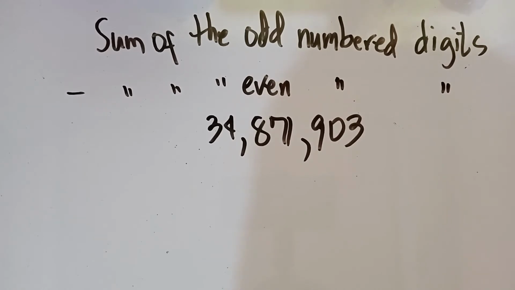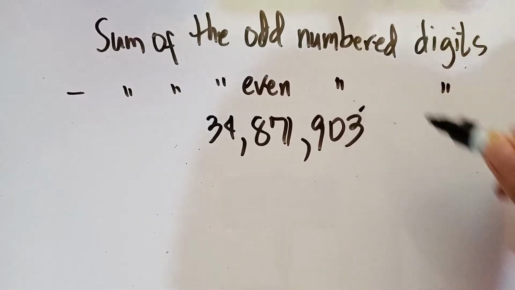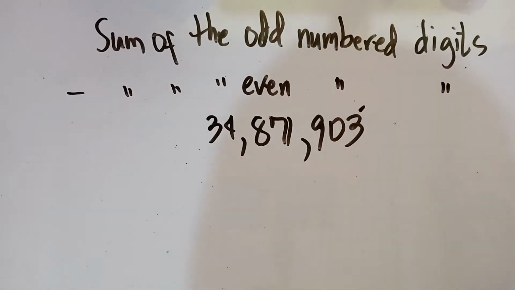So yung unang gagawin natin mga boss is we are going to add the odd numbered digits, or we're going to get the sum of the odd numbered digits. So yung first digit is mag-uumpisa po tayo sa right side going to the left side. So this is the first digit. The first odd number digit is 3.